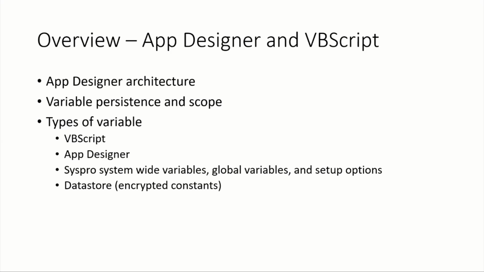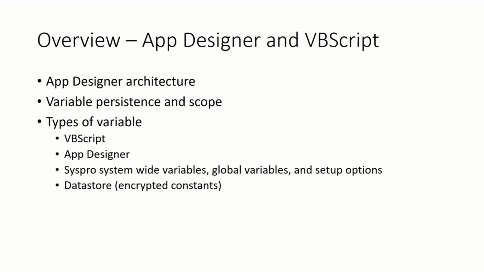However, one of the dilemmas of this is that once the VBScript has finished and returns control back to the App Designer, the VBScript runtime on that thread stops, and therefore any variable that you've set will disappear.